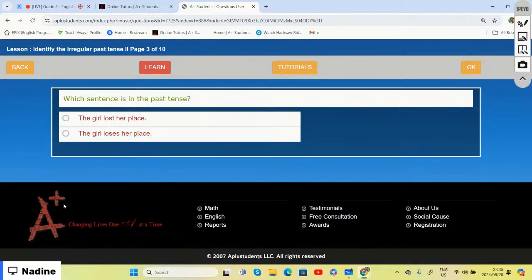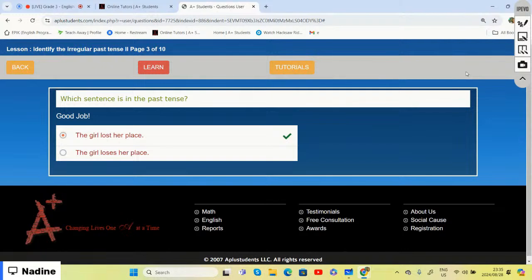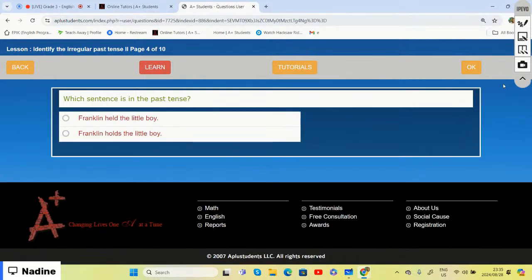Option one or option two? And if we were to choose the past tense, we would say the girl lost her place. Yes, and lost is correct.